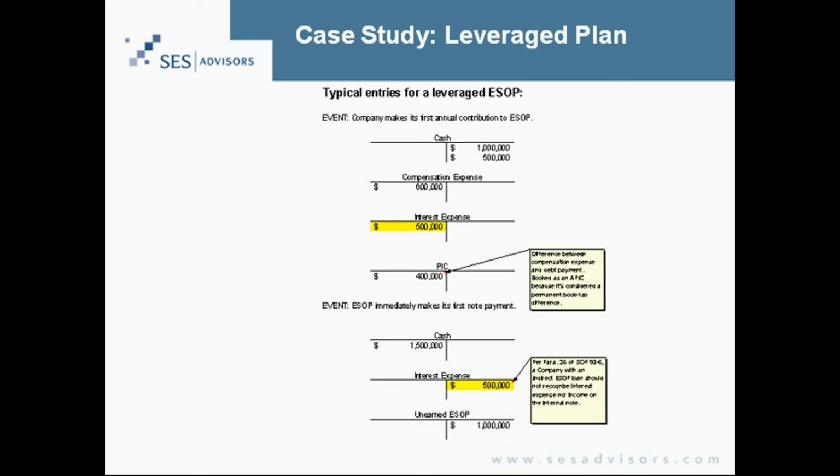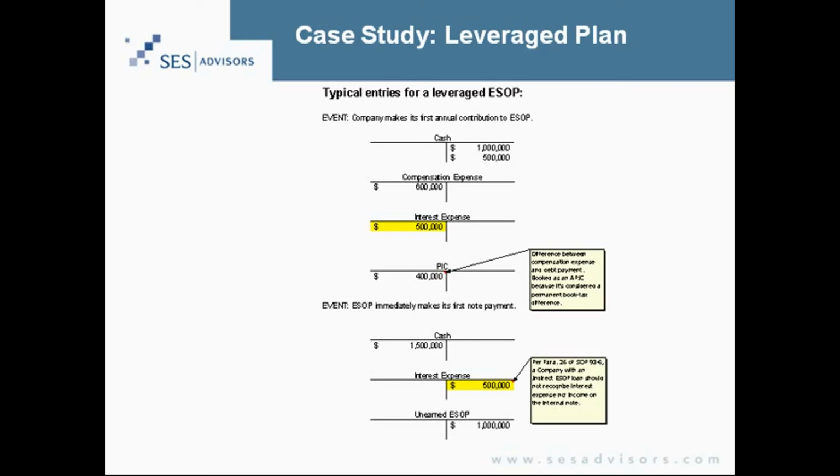We're not overstating interest expense or interest income in that case, because the real interest expense that counts here, that's important, that measures the performance of the company, is the interest expense paid to the bank. That's also the nexus for the tax deduction. The interest expense paid to the bank is tax deductible, of course.